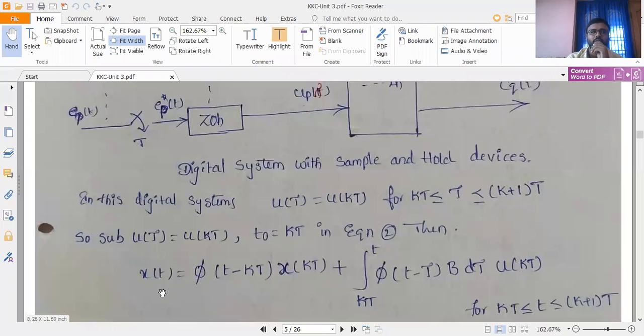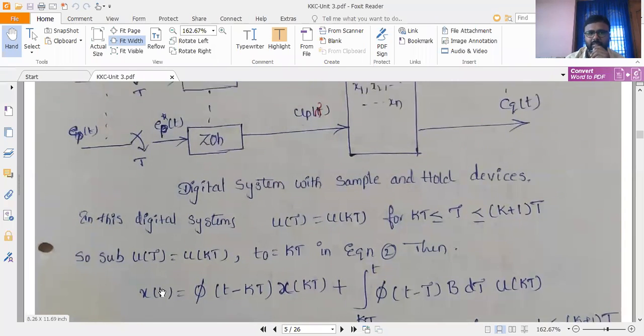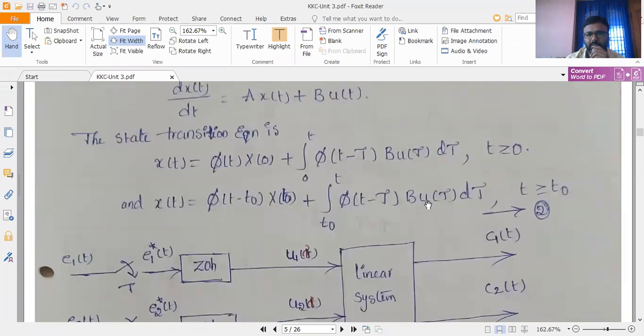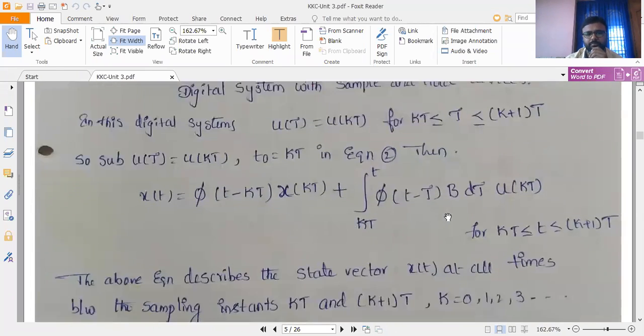Then, in the solution for the non-homogeneous state equation, we substitute t naught as kT and tau as kT.